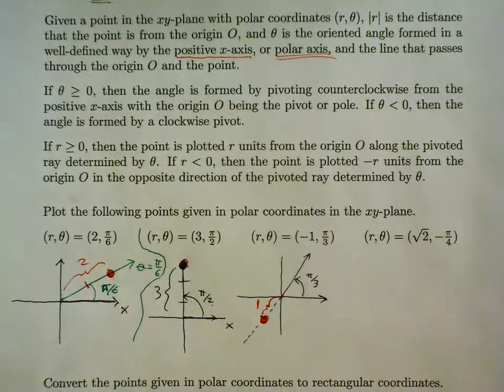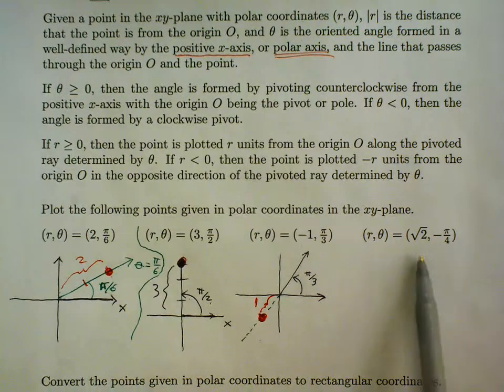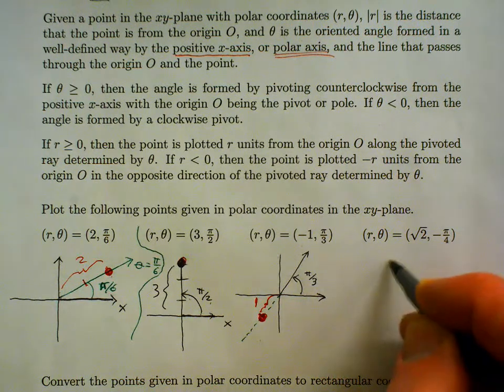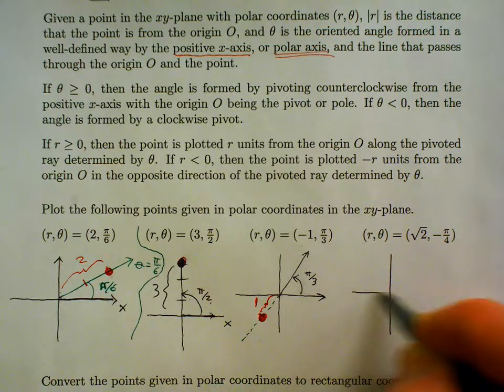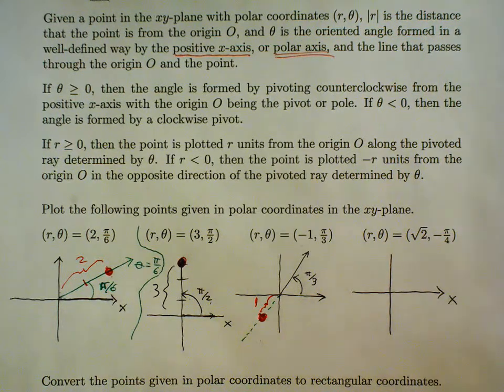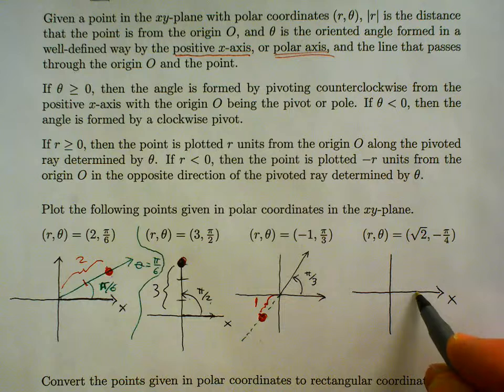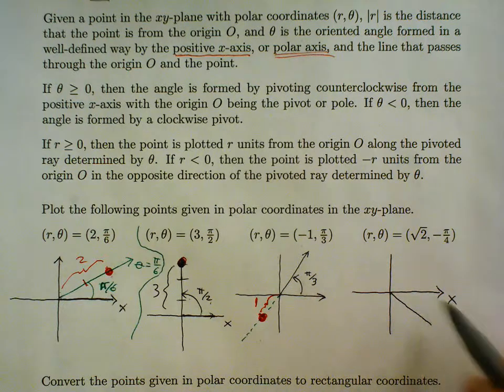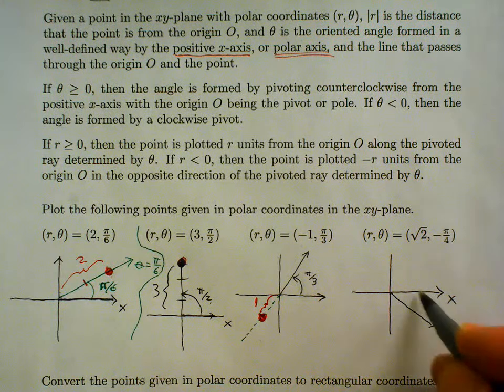Okay, then the fourth example, the polar coordinates are the square root of 2 and -pi/4. So from the positive x-axis, since theta is -pi/4, we rotate clockwise pi over 4. That's equivalent to 45 degrees.